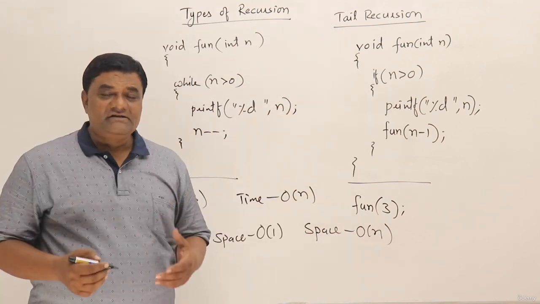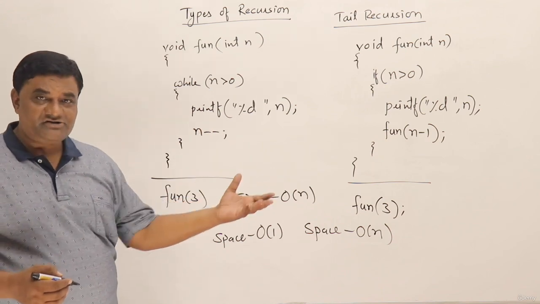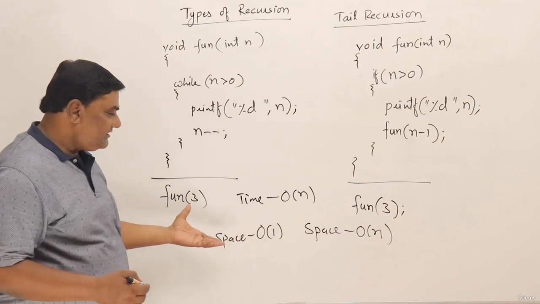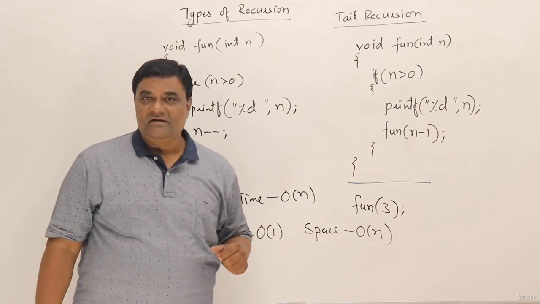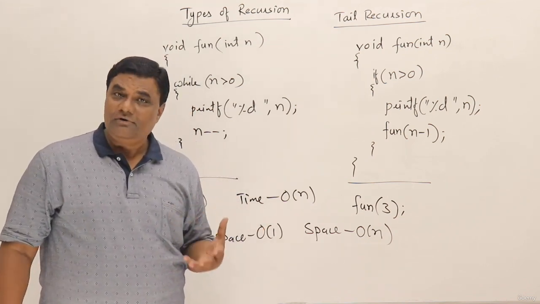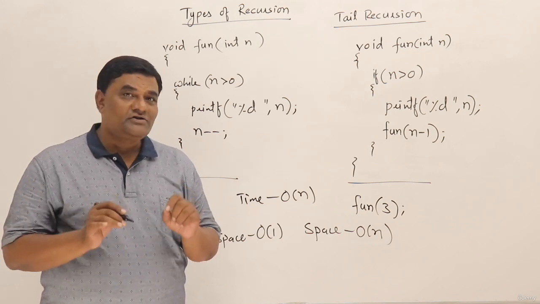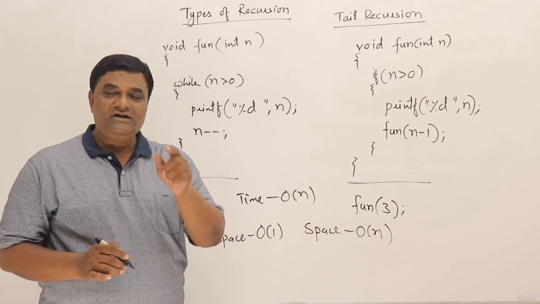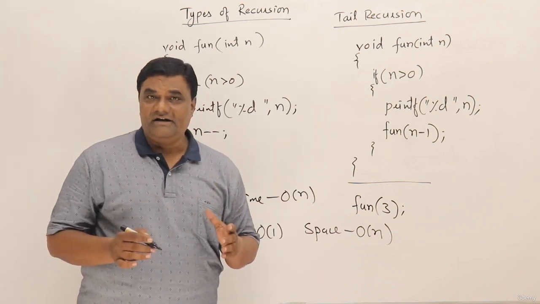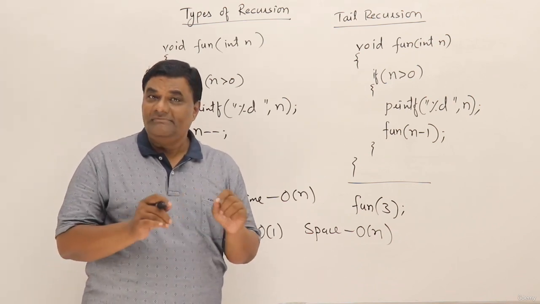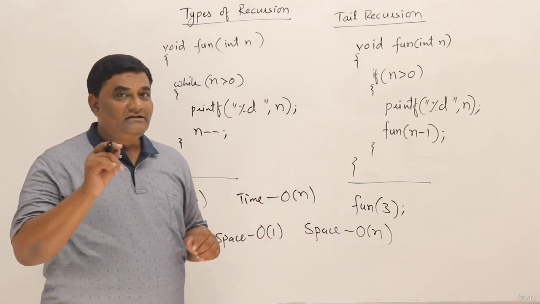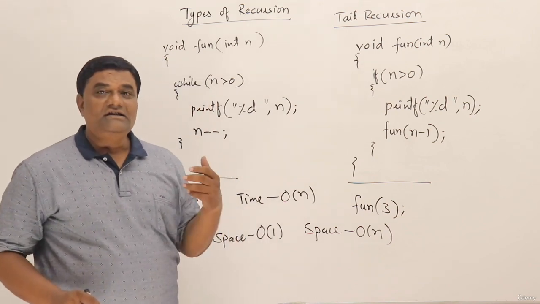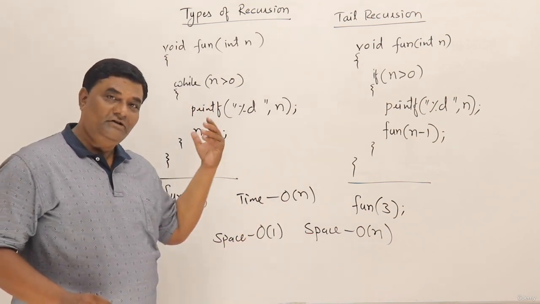So the conclusion is, if you have to write a tail recursion, then better you convert it into a loop, which is more efficient in terms of space. But this will not be true for every type of recursion or loop. In the case of tail recursion, the loop is efficient. And I have to tell one more point: some compilers, under code optimization, will check if you have written any function which is a tail recursion, and then they will try to convert it into the form of a loop.